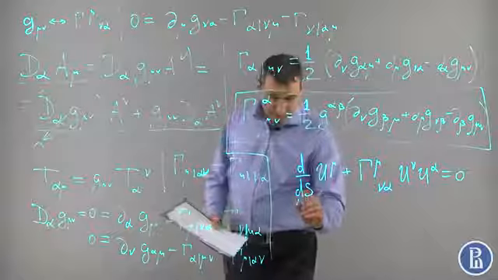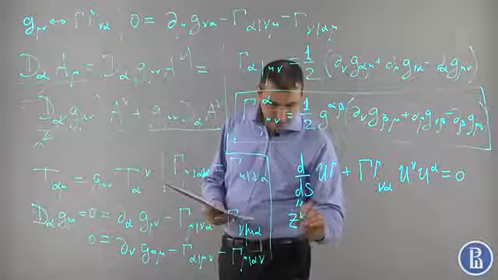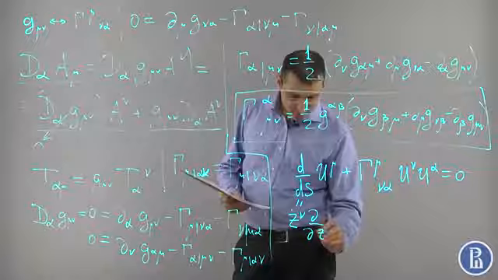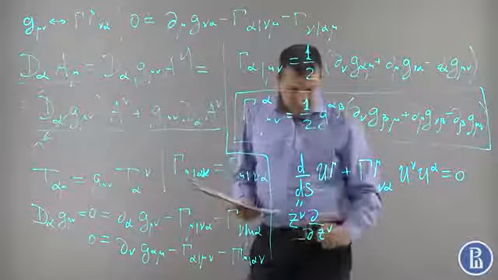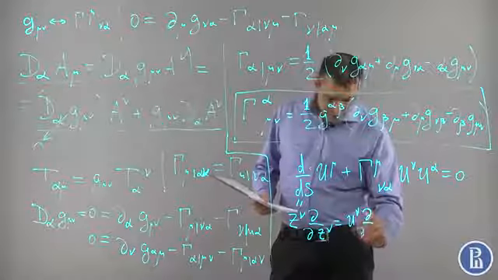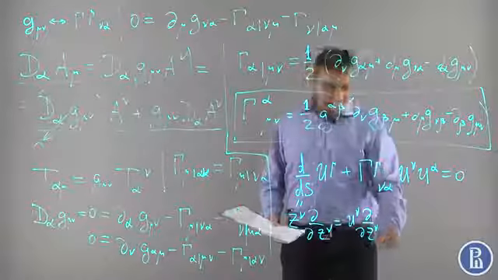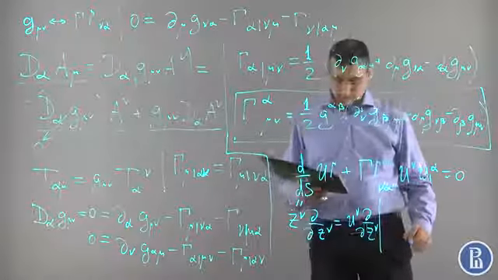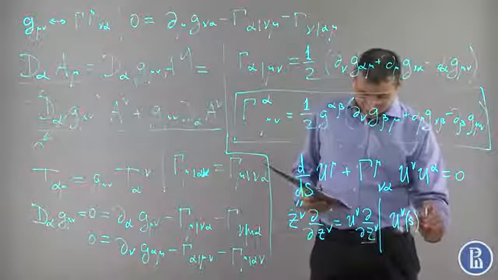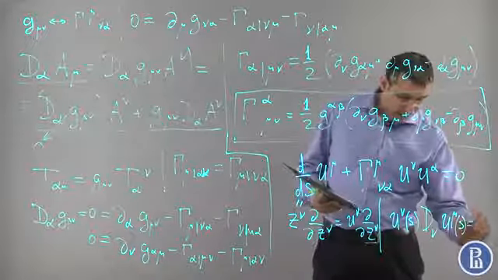But this derivative can be written as z dot nu d over dz nu, which is nothing but u nu d over dz nu. Then this whole equation can be written in the following form: u nu of s times the covariant derivative d nu of u mu of s equals 0.